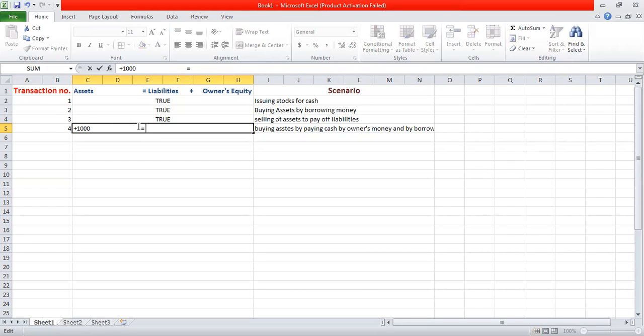You are taking money from the owner as well as borrowing money from someone. So there is an increase in the liabilities, and also an increase in the owner's equity.